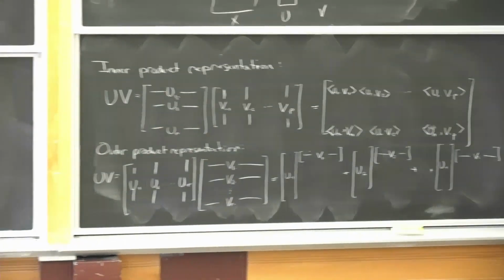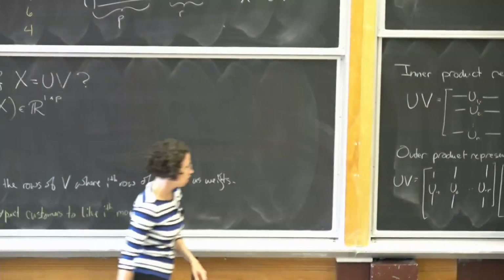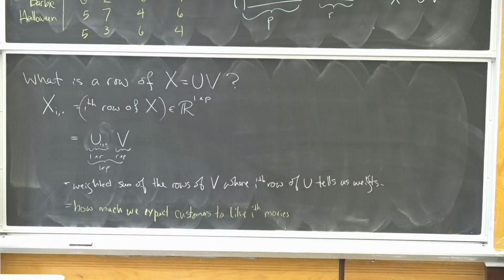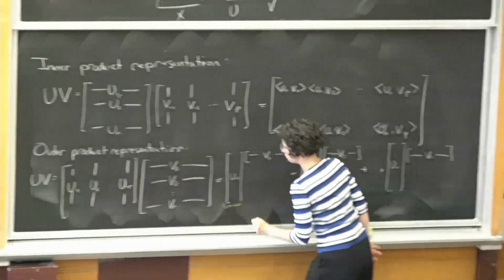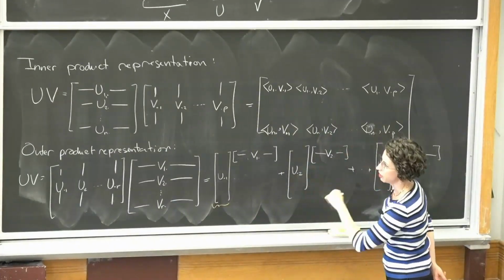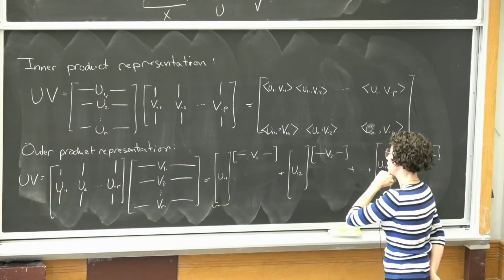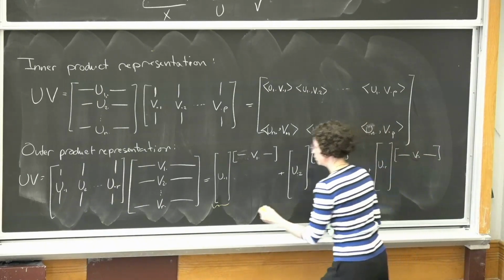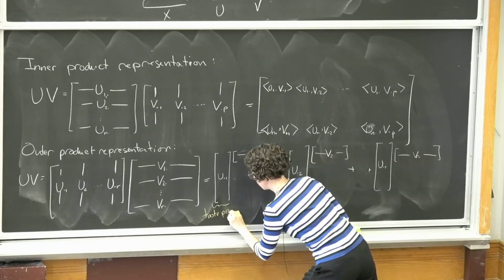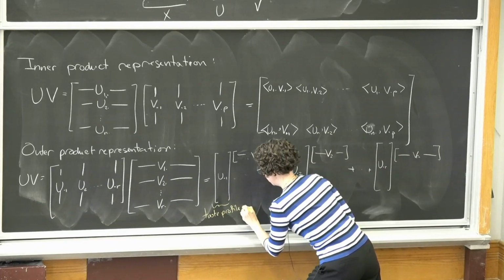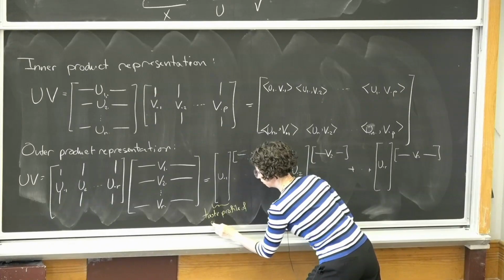But for example, in our movie example that we've been going through, we could think about this column of U. What we said was that way back on the other side, the first column of U could correspond to like the taste profile of, I don't know, the romance lover.